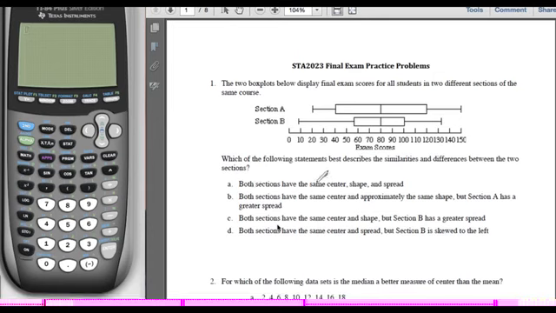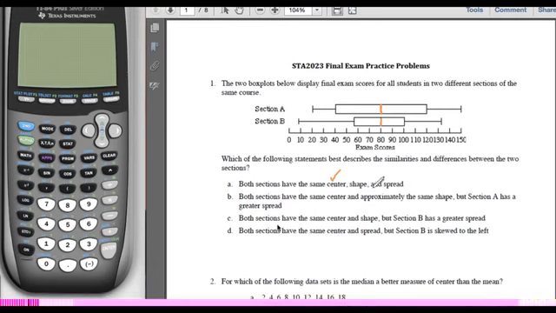Choice A says both sections have the same center, shape, and spread. If I look at these box plots, right in the middle at this line, this is the center, this is the median. So both of these sections have a median or a center of 80. So they do have the same center.